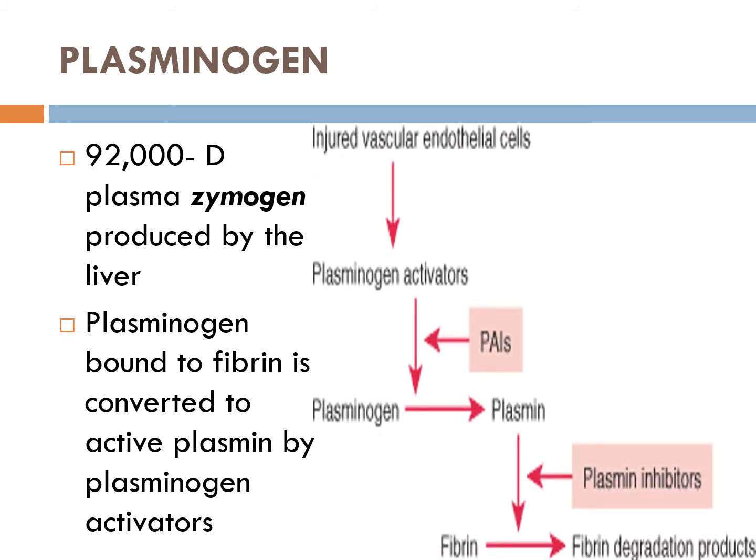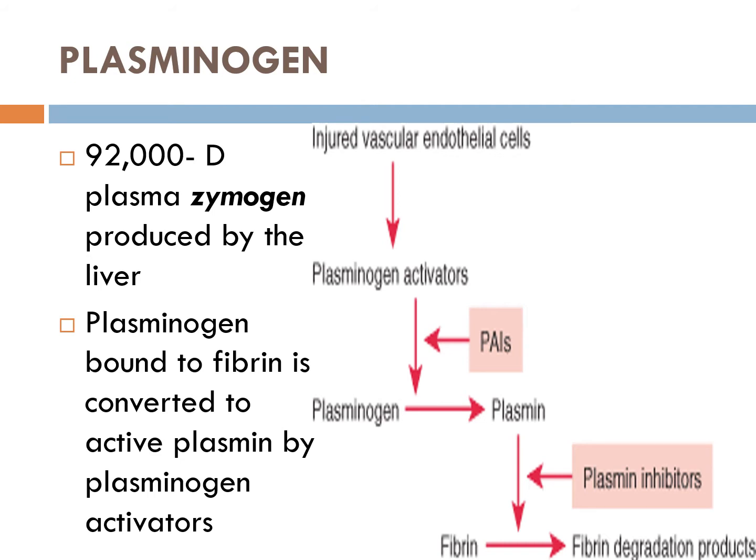So this is how your plasminogen activators convert your plasminogen to plasmin. Our plasminogen activators are produced by vascular endothelial cells during injury, and in the presence of these activators, your plasminogen would be activated to plasmin. However, the activation of plasminogen to plasmin is also inhibited by your PAIs, or the plasminogen activator inhibitors.